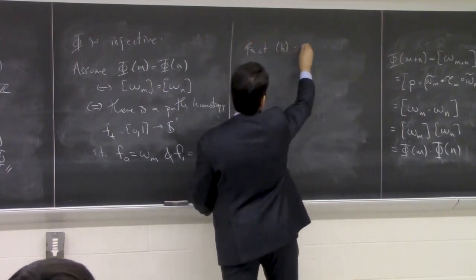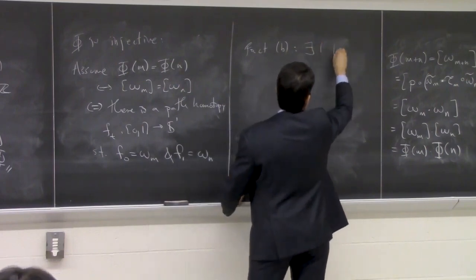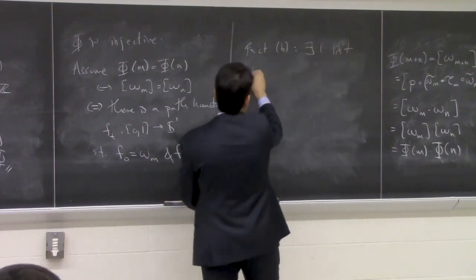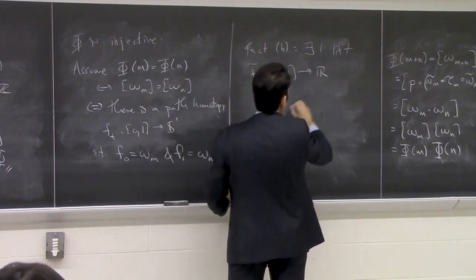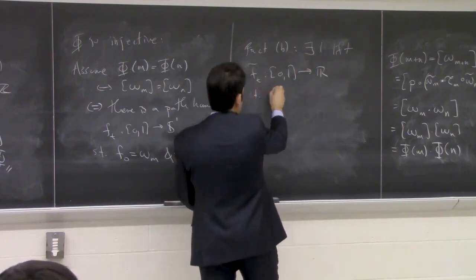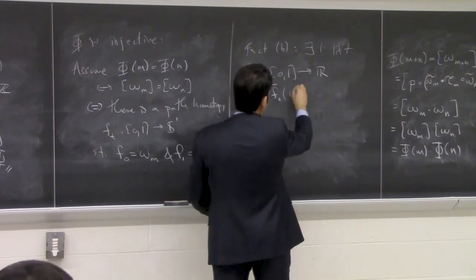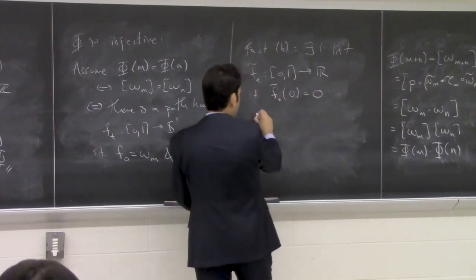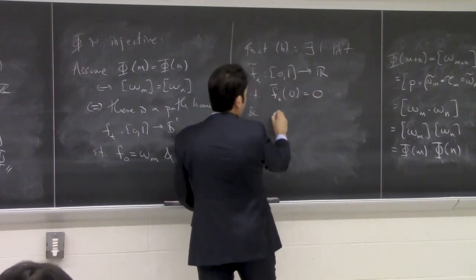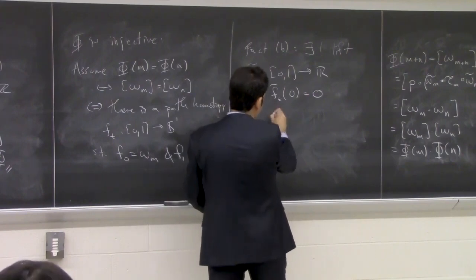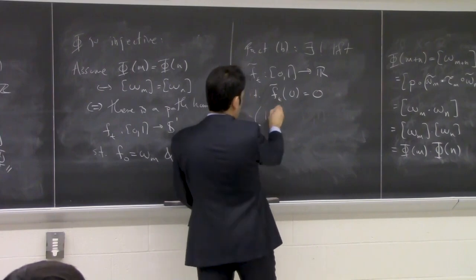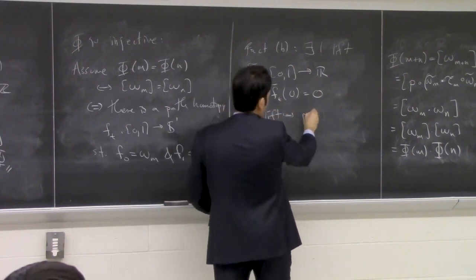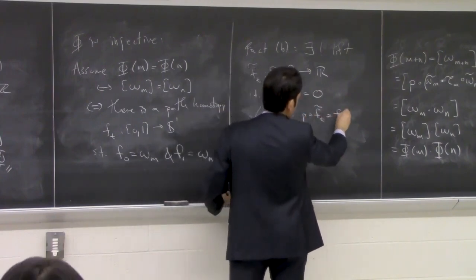So by fact B, there is a unique lift, Ft tilde, from 0,1 to R, such that, so we fix the base point as 0, and it's a lift, right? So lift means that P composed with Ft tilde is equal to Ft.